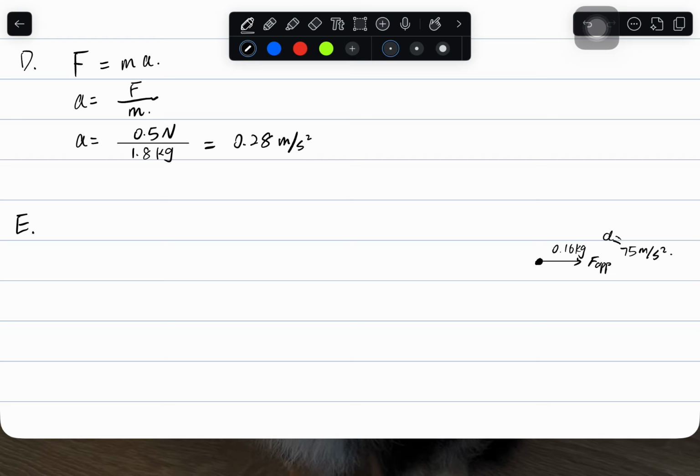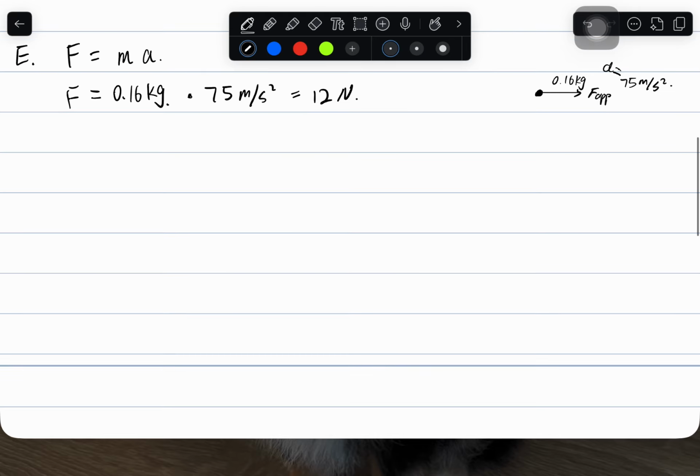Again, we have the formula: force equals mass times acceleration. We have the mass of 0.16 kilograms, and the acceleration equals 75 meters per square second. That gives us a force of 12 Newtons. And for part F, how does the magnitude of the normal force N due to the surface compare to the weight W of the puck?